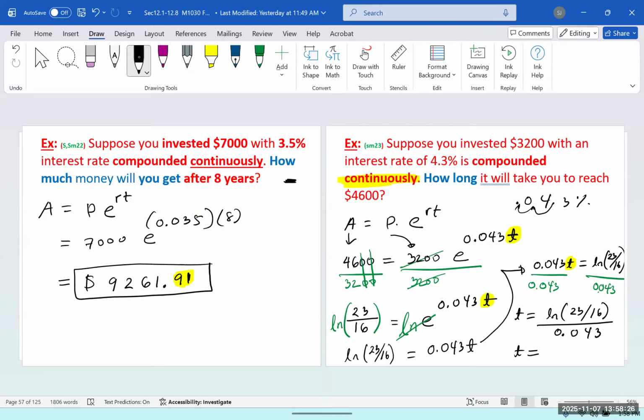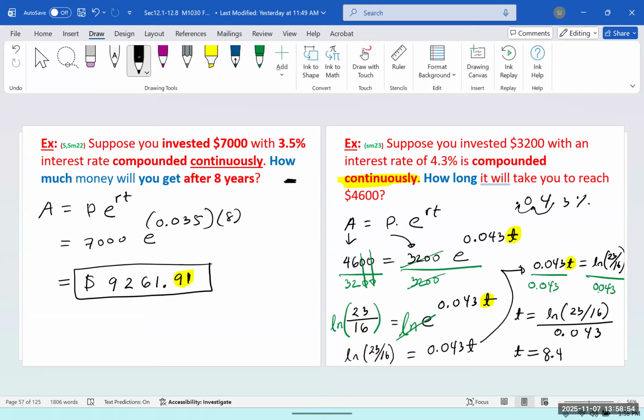How many years? Is it straight 8 or is it a decimal? 8.4. So it cannot be only 8 years, right?